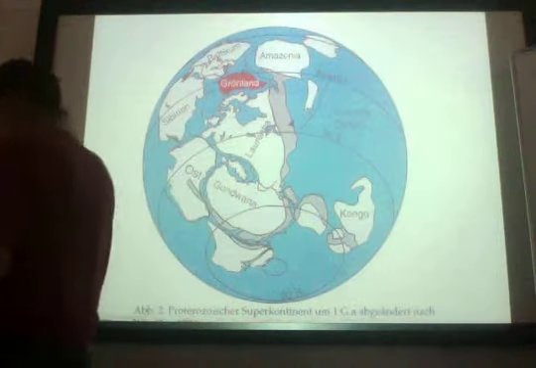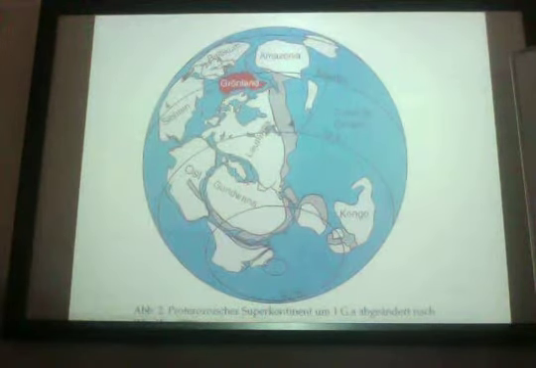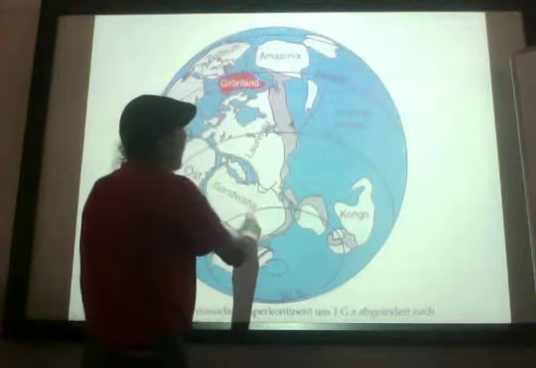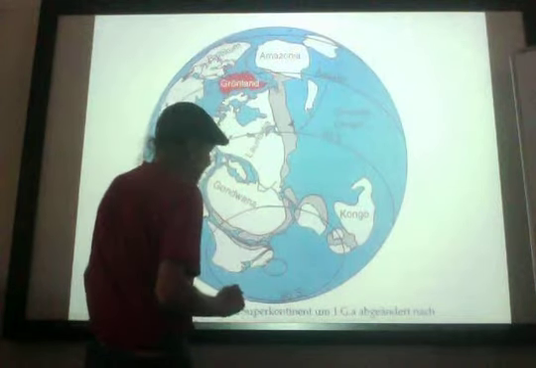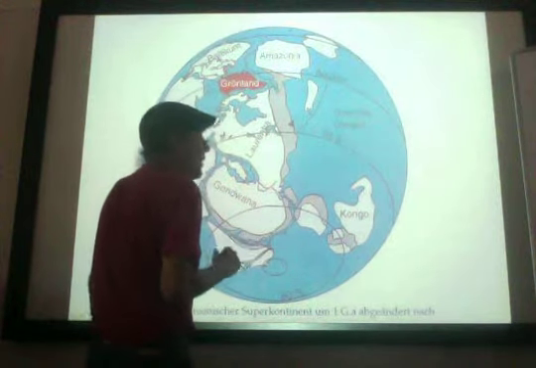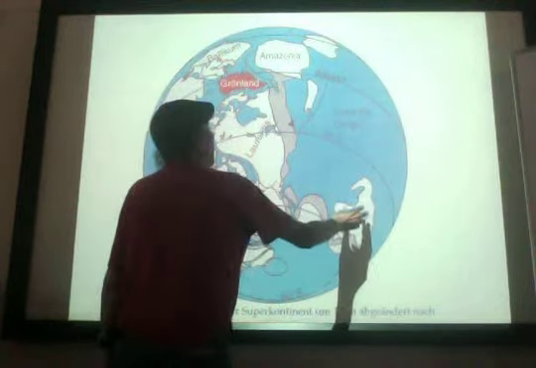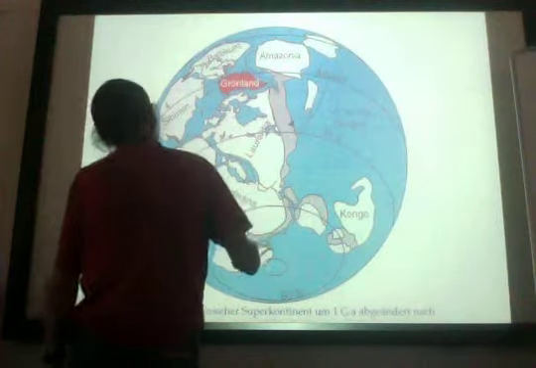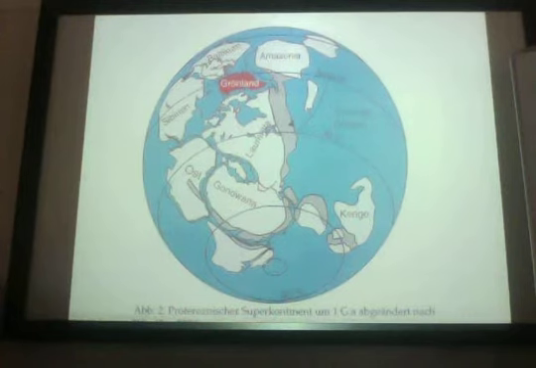Rodinia broke off about 730 million years ago to form, about 600 or 550 million years ago, supercontinent Gondwana. Here on this part we have already East Gondwana, but West Gondwana is still missing, and West Gondwana was then formed by the Congo Craton and the Sahara Craton, which form Africa today.